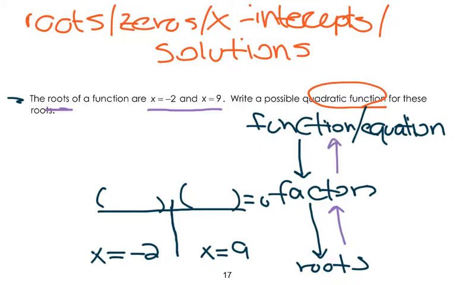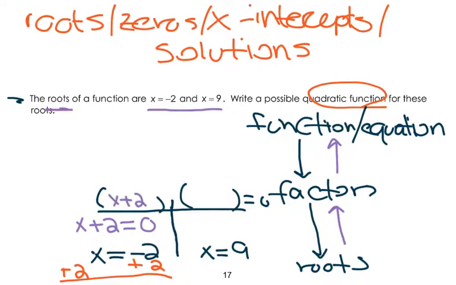We're working backwards. So if we want to have our roots equal to 0, then in this case on the left, we're going to add 2 to both sides. Now we have x plus 2 equals 0, and we could say that one of the factors is x plus 2.